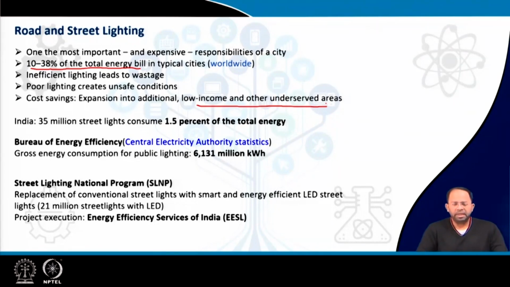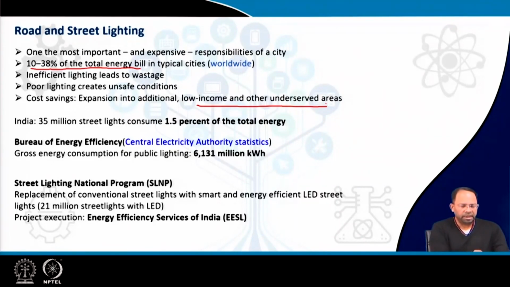In Indian cities, we see that major roads are lighted, but many minor roads or certain areas of the cities are not lighted. So if we can improve the energy efficiency of the existing system, the savings could be used to expand the lighting network in other parts of the city.